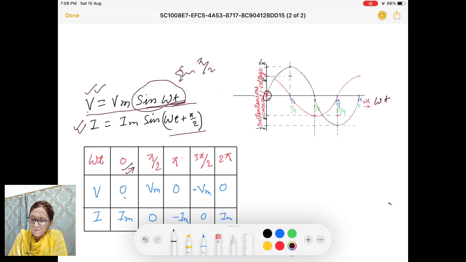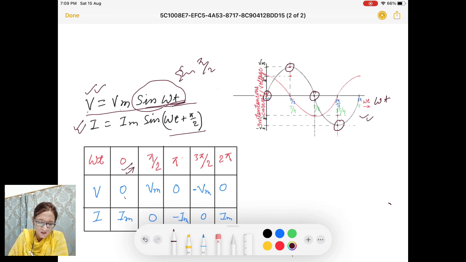In the diagram you can see at pi by 2, when you draw a perpendicular line, and at Vm you draw a perpendicular line, you get a point here. This is how I plotted each and every point on this diagram. Then I draw a curve freehand through all these plotted points, and I get this kind of curve.